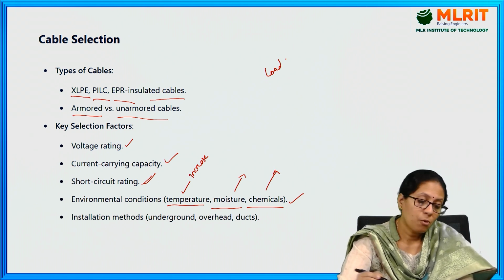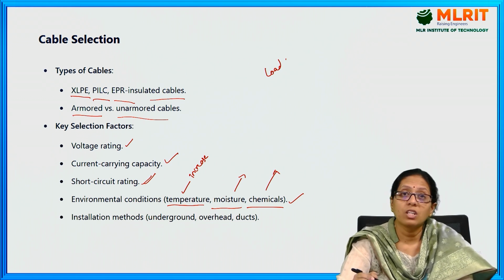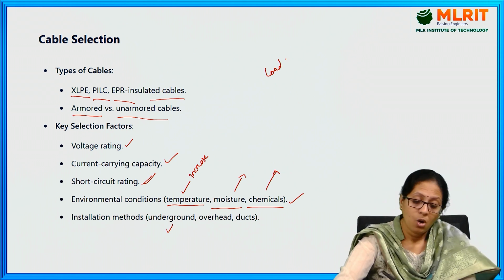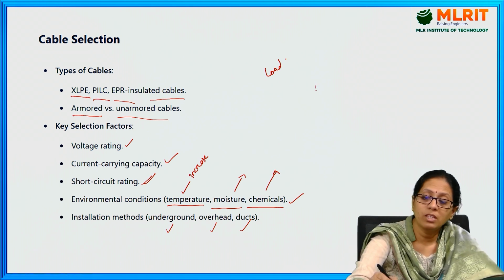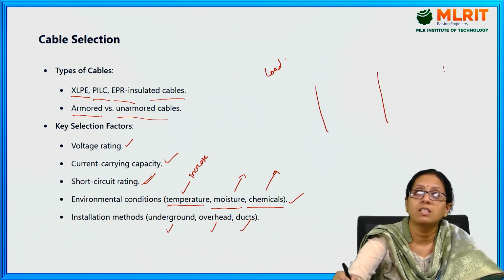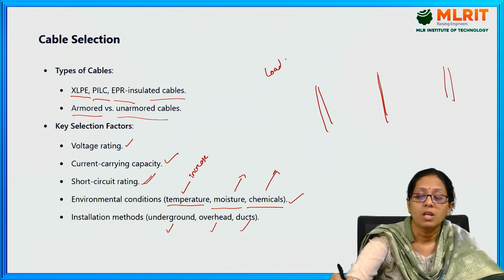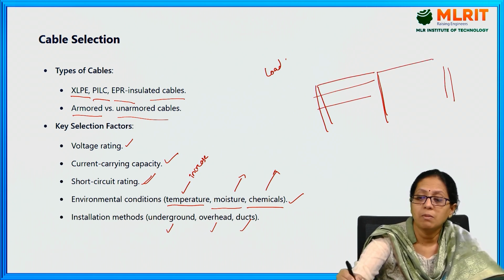The last point is installation methods. That is, the installation can be done underground, overhead, or inside the ducts. That means during transmission as well as distribution, if these are the poles, to these poles we will be connecting the cables.